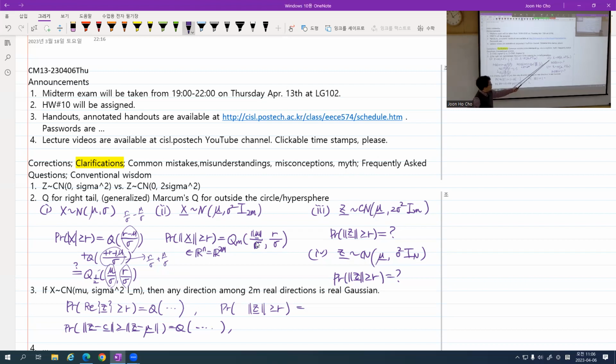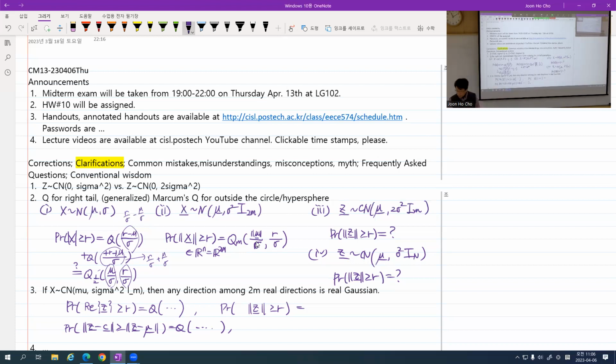Now, this is a tricky question. Here you have a proper complex Gaussian random vector z with complex valued length m mean vector mu, and the covariance matrix is 2 sigma squared times identity. Now, I'm asking you to compute the probability of the event that the 2 norm of z is greater than or equal to r. Then, in terms of the generalized Marcum's Q function, what is your answer?